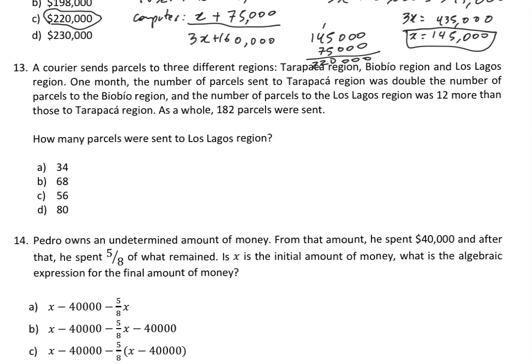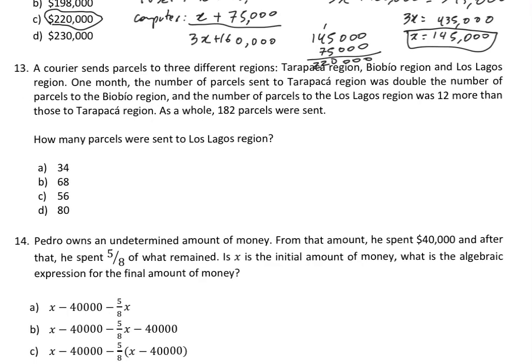So Biobío should be X. And then Tarapacá is double, 2x. And then we have Los Lagos, which is 12 more than those to Tarapacá. Tarapacá is 2x, and 12 more is plus 12. As a whole, 182 parcels were sent.